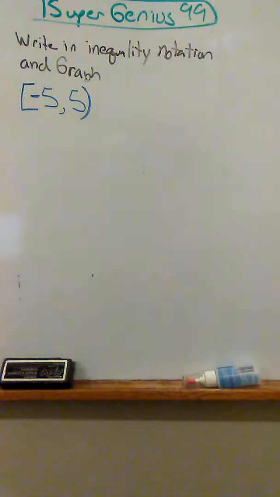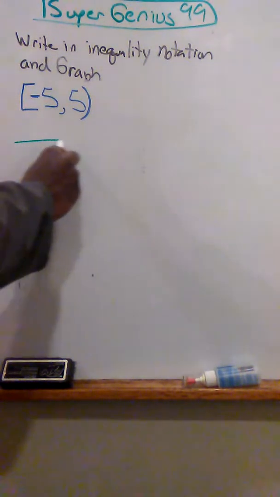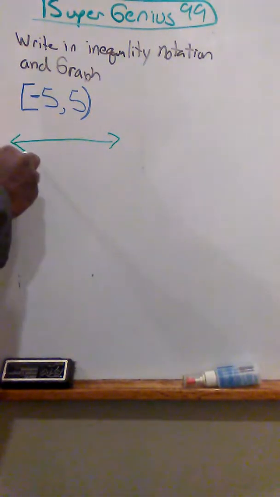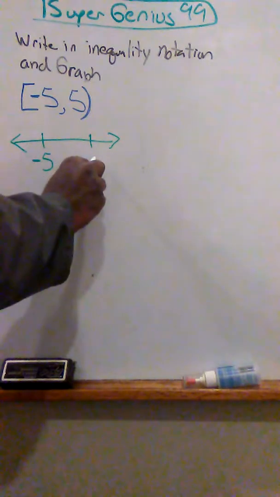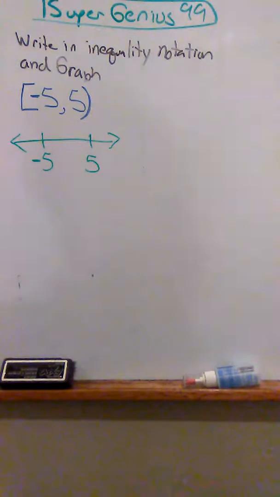Okay, so here we have -5 and +5. So let's start off by drawing our number line and labeling those. Okay, so there's our -5 and our +5.